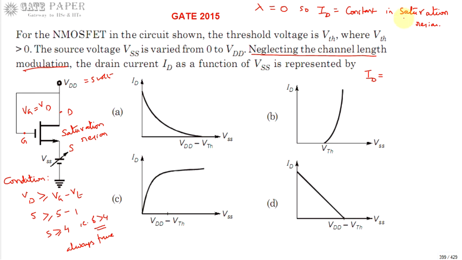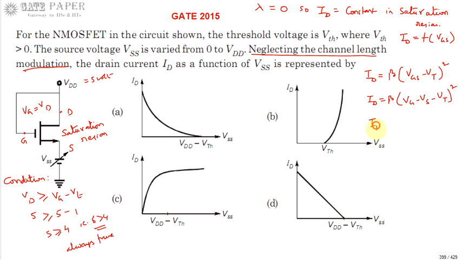So ID is a function of VGS itself. It doesn't depend on drain to source voltage, and the equation is ID equals beta times VGS minus VT, whole square. Now ID equals beta times VGS, which can be written as VG minus VS minus VT, whole square.